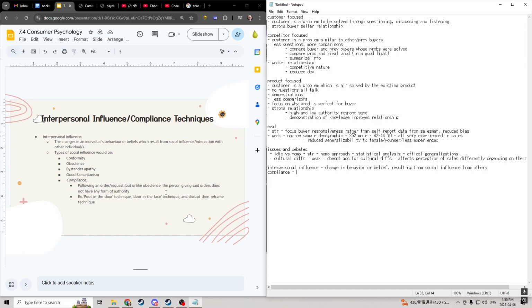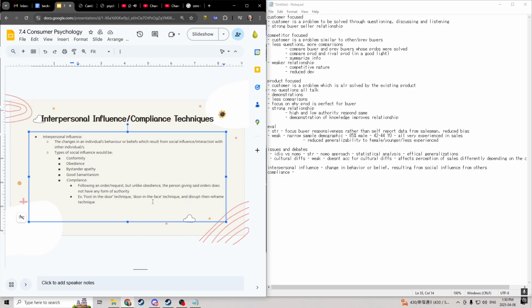So an example of the technique used to make people comply would be the foot in the door technique or the door in the face. And the disrupt then reframe, which is what we're going to talk about, is this one. An order without the order coming from an authority figure. Very nice. Next slide.